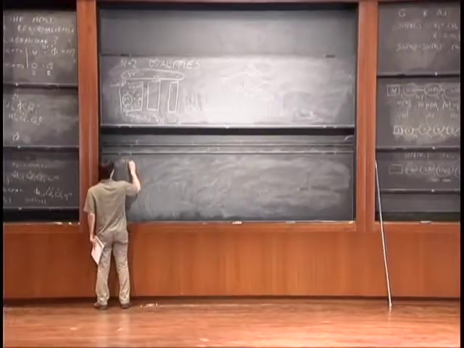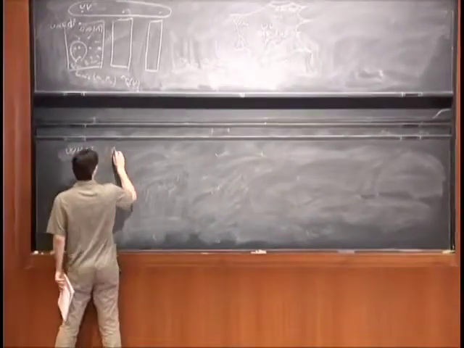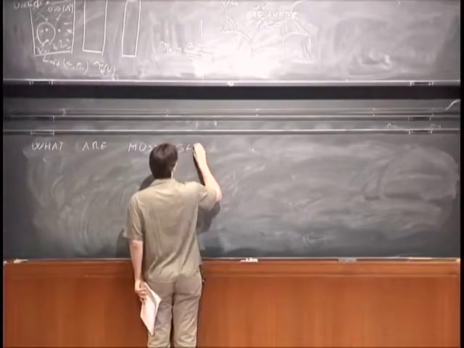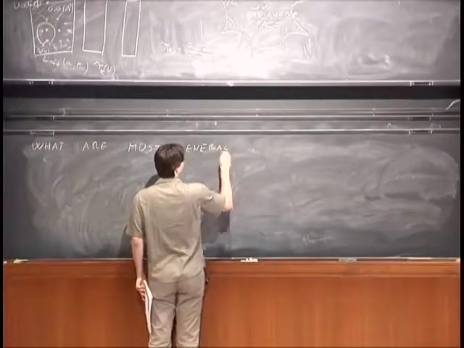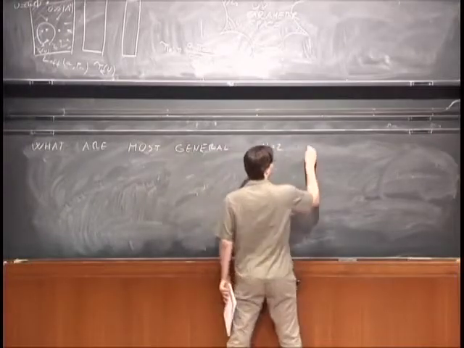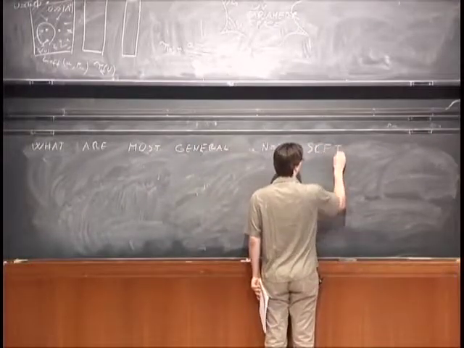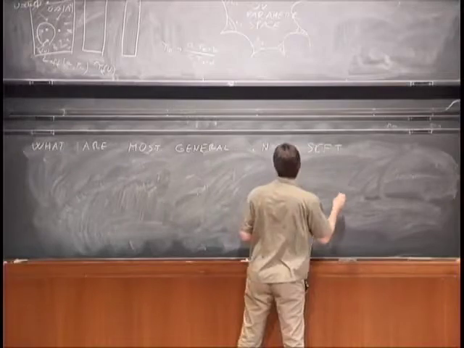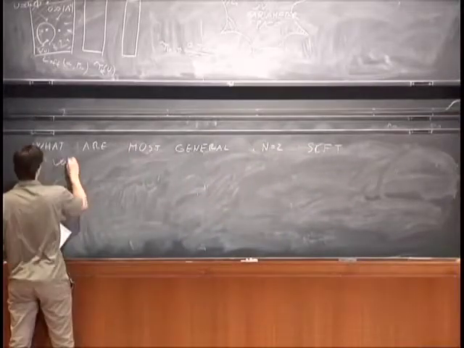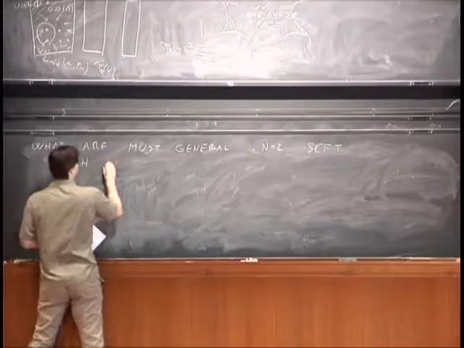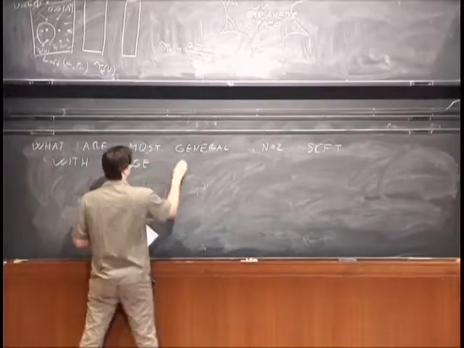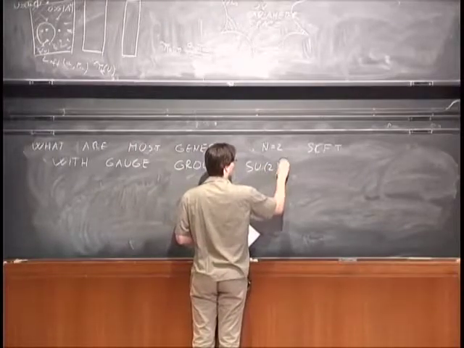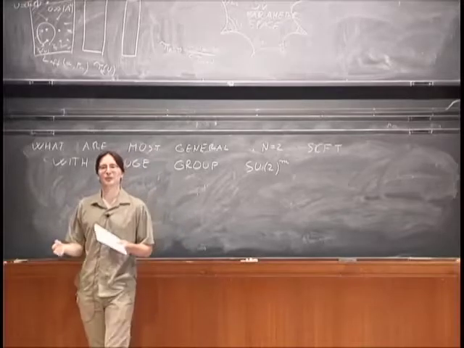What are the most general N=2 superconformal field theories, I mean N=2 Lagrangians with all marginal couplings, with gauge group SU(2) to some power? Okay, so before I continue, are there any questions?